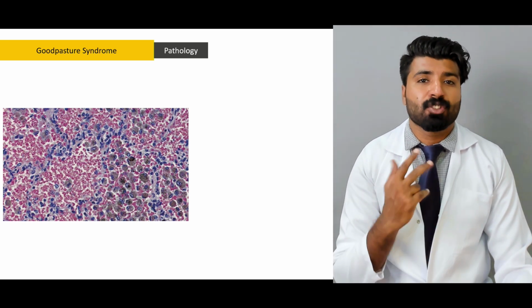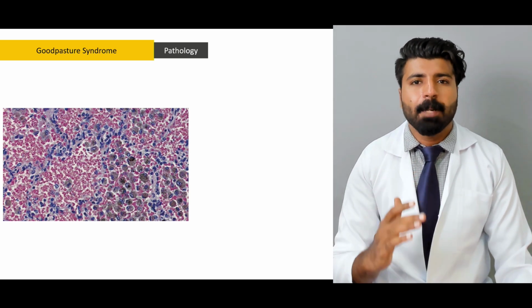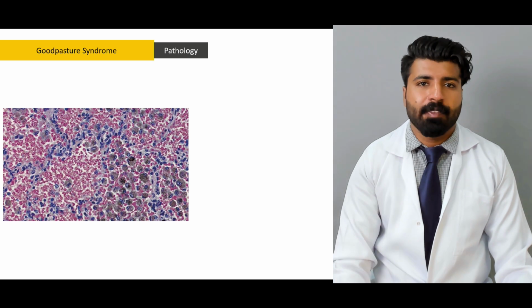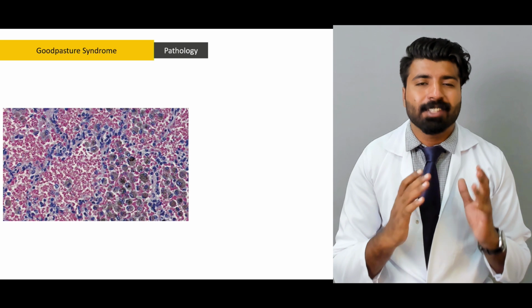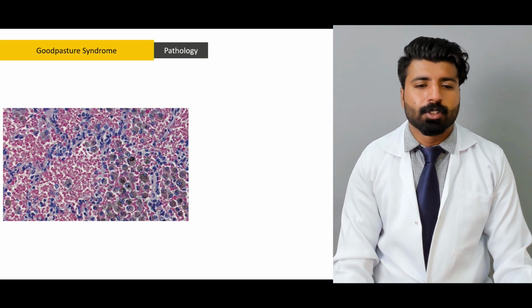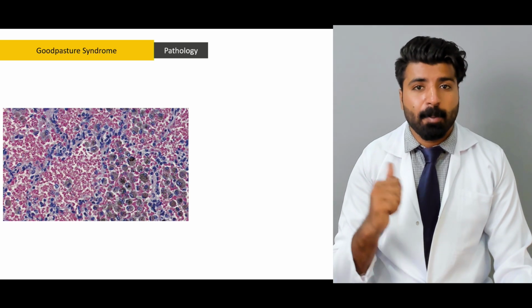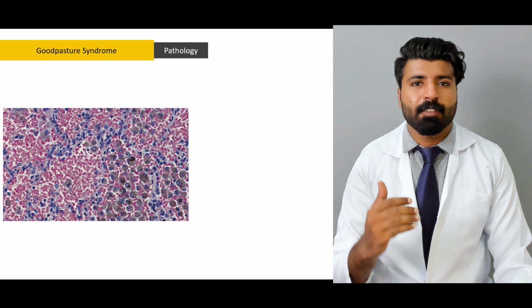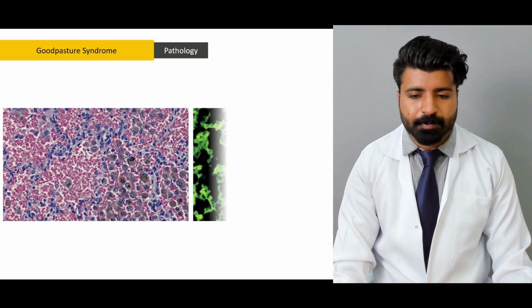Goodpasture syndrome affects two major areas, kidneys and lungs. 90% of the patients get both of them together. It's not like only lungs will be affected, it's not like only kidneys will be affected. It's actually a combination of both of them. So in Goodpasture syndrome, anti-GBM antibodies are present, which attack the glomerular basement membrane and cause this effect.